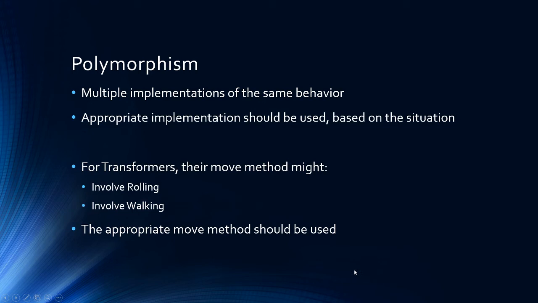So polymorphism is multiple implementations of the same behavior. So the appropriate implementation should be used based on the situation. And for our transformers, when we move, we might be rolling, we might be walking, we might be flying. So we would have to use the appropriate code within a move method. So our move method would have to be overridden.